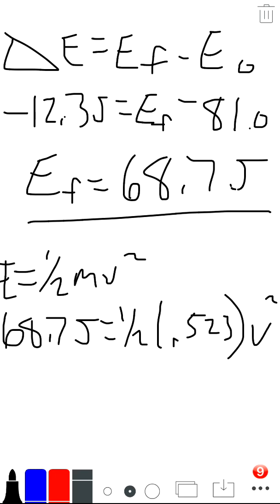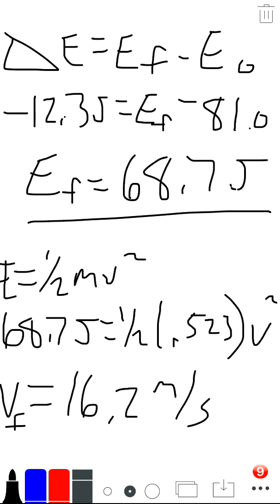So dividing by 1/2 times 0.523 and then taking the square root, v final is equal to 16.2 meters per second. So we see that after the 8 meters of travel that the bullet and block go, it's lost about 1.4 meters per second off its initial speed.